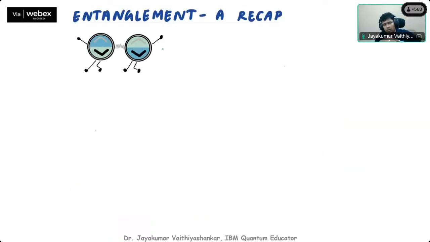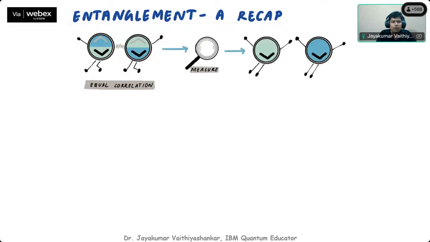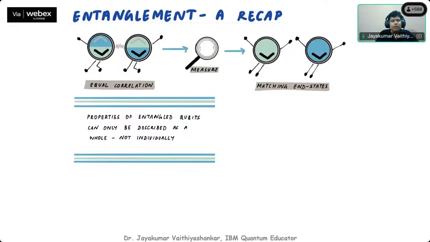Okay, so recall the previous slide. We covered entanglement, right? Somebody asked about the opposite reaction. We talked about equal correlation. Whatever happens for P1, you can see the same effect in P2. So this is like synchronized, positive correlation. You can say equal correlation. Sometimes you can directly connect the opposite side of a qubit with another qubit.